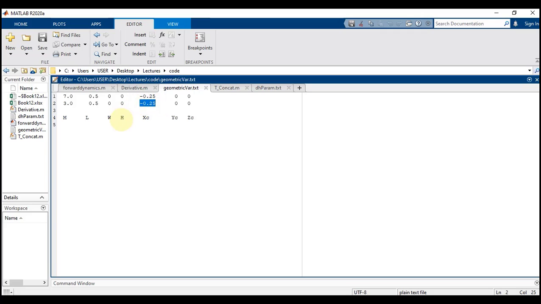This is negative because for every link its frame is fixed at the end of the link. So when we want to know the center of gravity, because the frame is fixed at the end of the link, you have to come minus 0.25 units in the negative direction, because the length of that link is 0.5 units. And this is the same for both the links.